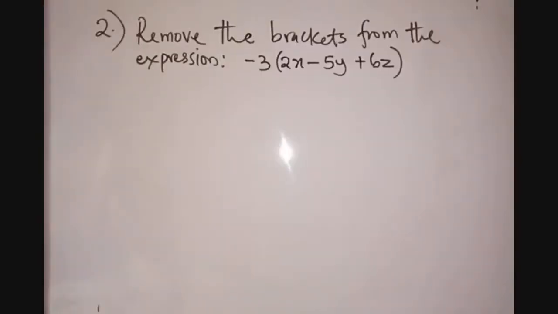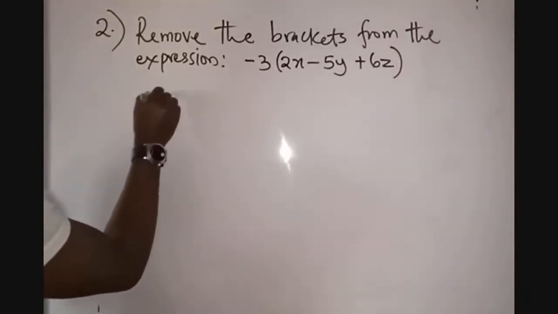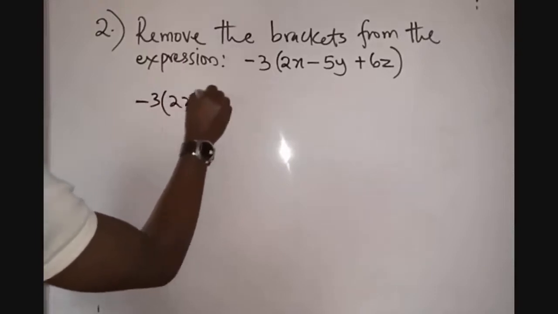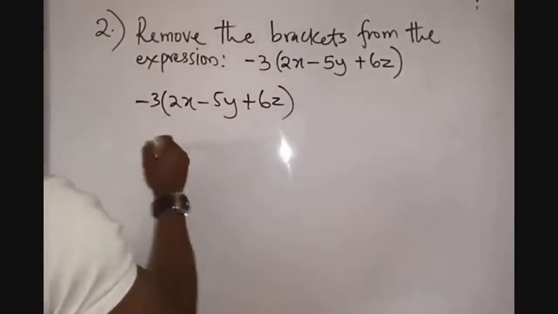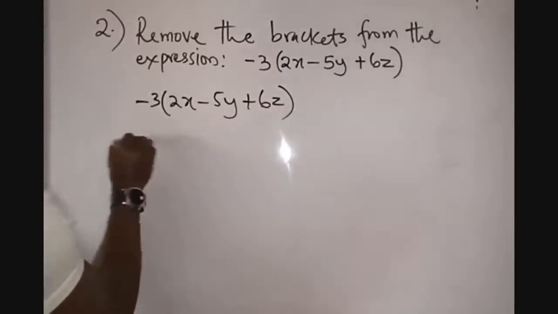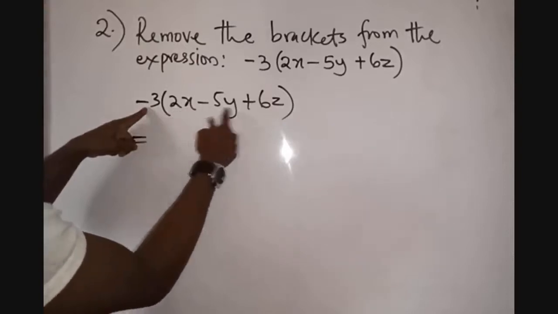In this next question, we are asked to remove brackets from the given expression. Let me write this. That is 2x minus 5y plus 6z. For me to remove the brackets, I will use this to multiply each of the terms I have here.